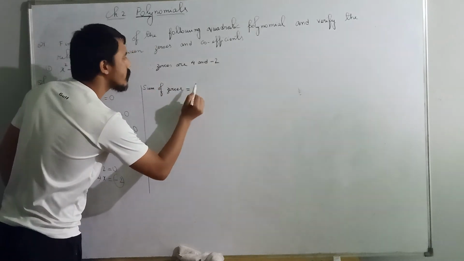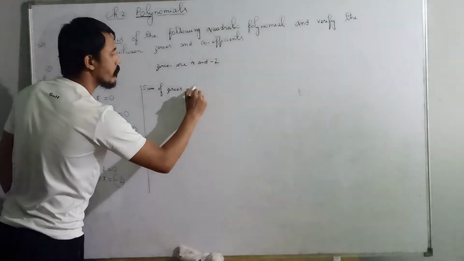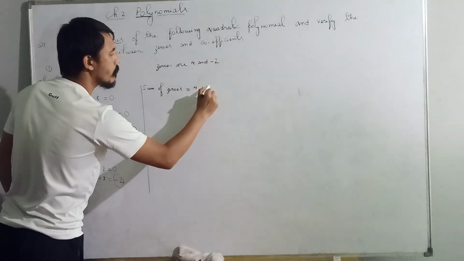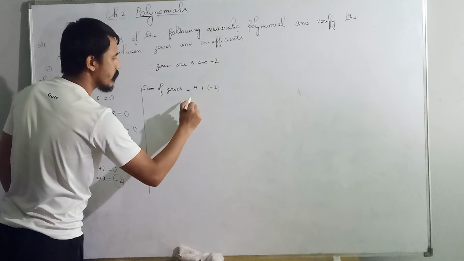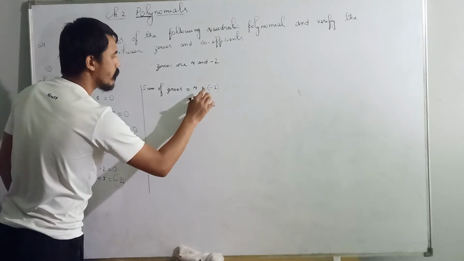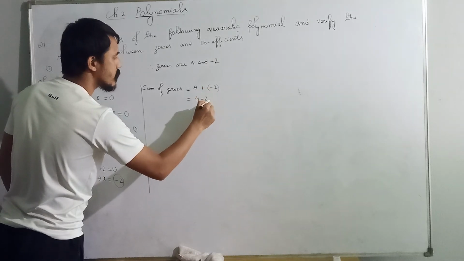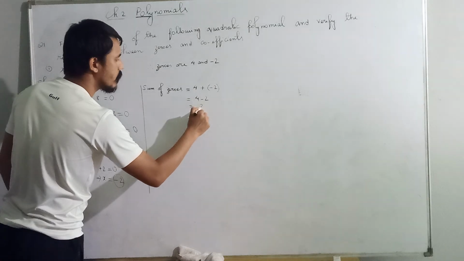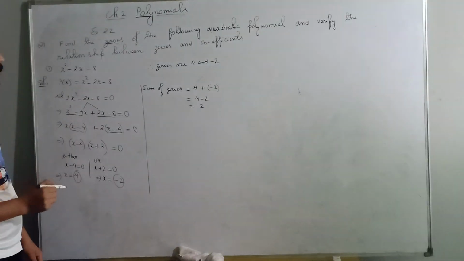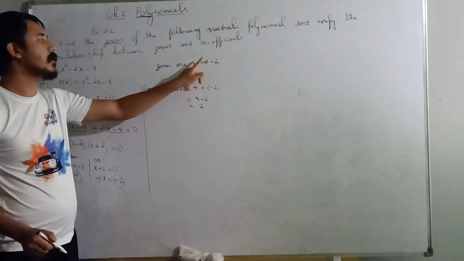Sum of zeros means you add up your two zeros, first zero plus second zero: 4 plus minus 2, which is 4 minus 2.